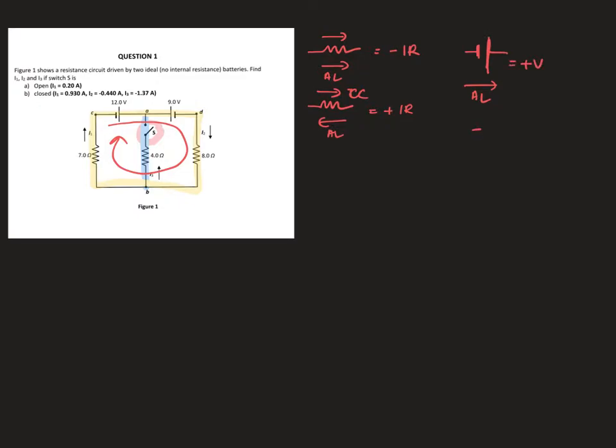If your assumption loop is moving from higher to lower potential, between the terminals, not the circuit, then your potential difference is going to be negative.